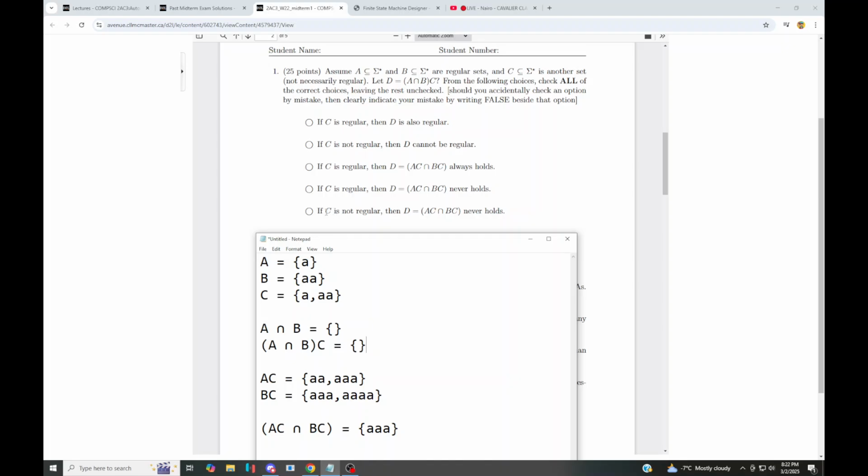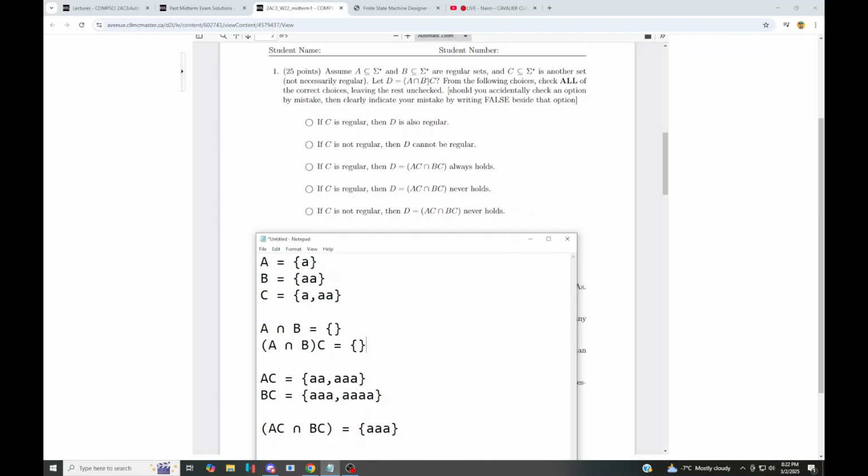And then we'll look at the last one here. If C is not regular, then we're saying that this equality never holds if it's not regular. So this would circle back to what I was talking about earlier, that often when you're trying to concatenate with a non-regular set, you have to include that non-regular set in your machine somehow, and that's just not possible.